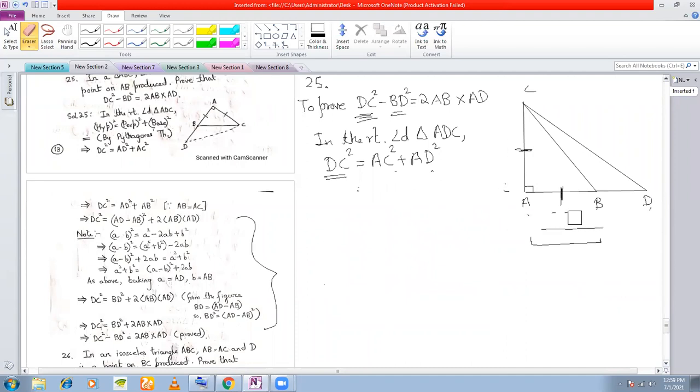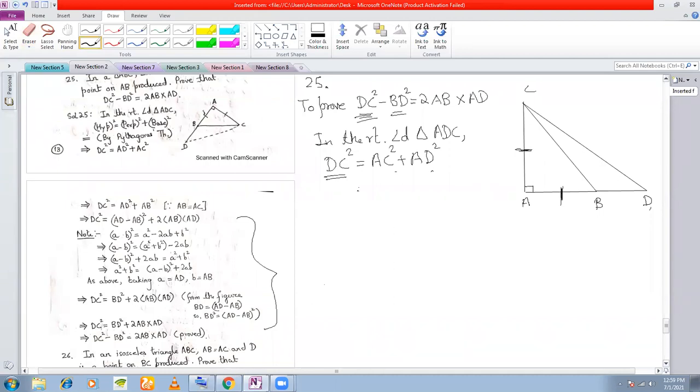Excuse me, sir. Sir, I have a question regarding the diagram. Over here the diagram is like this, and the other side where you have already done the 25 part, the diagram is different. The diagram is the same.